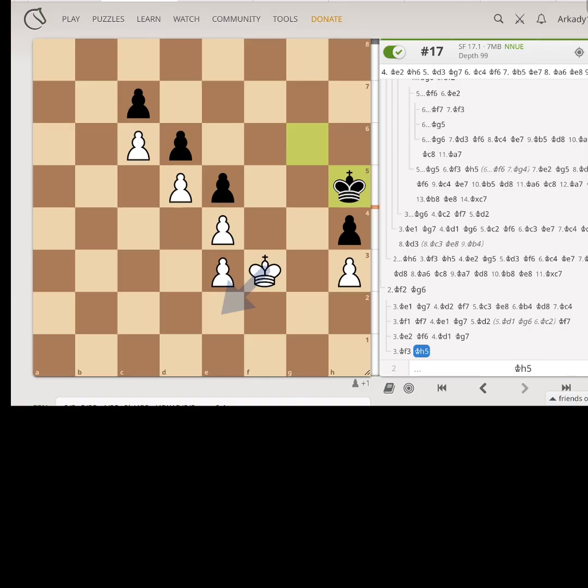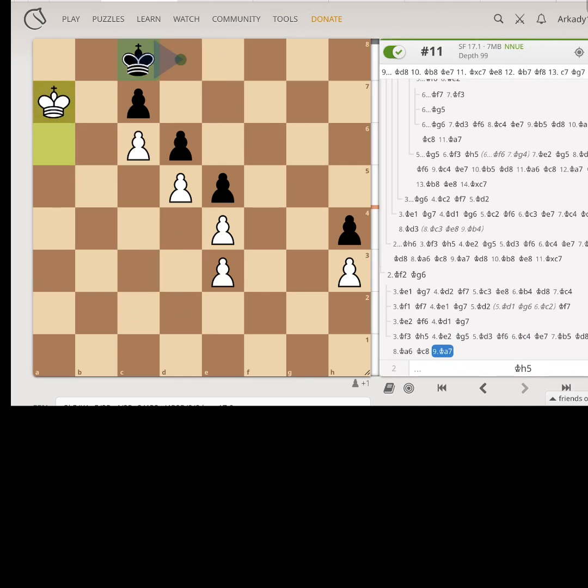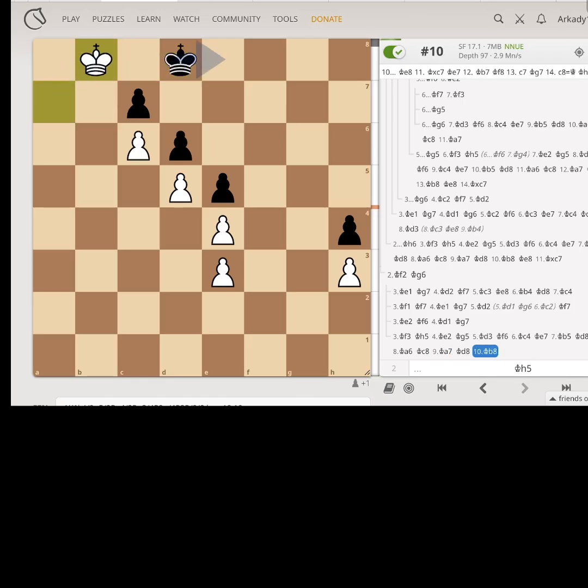But this is not a corresponding square, because in that case white can move to the other side and get there earlier than the black king. So from a7, the black king needs to move back and white wins the pawn.